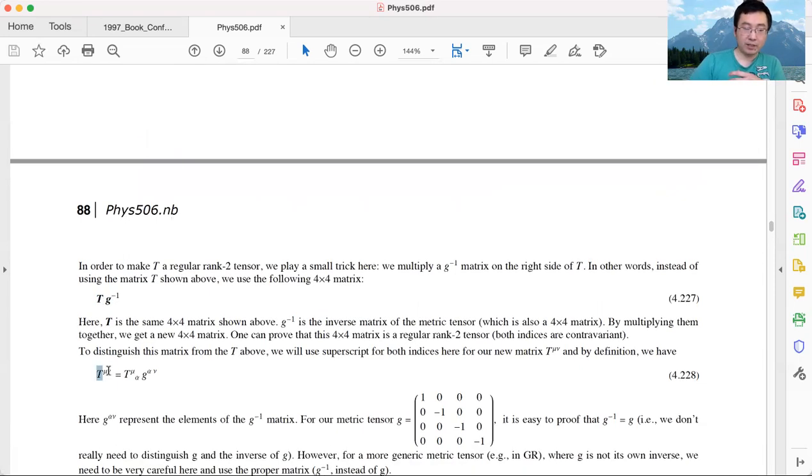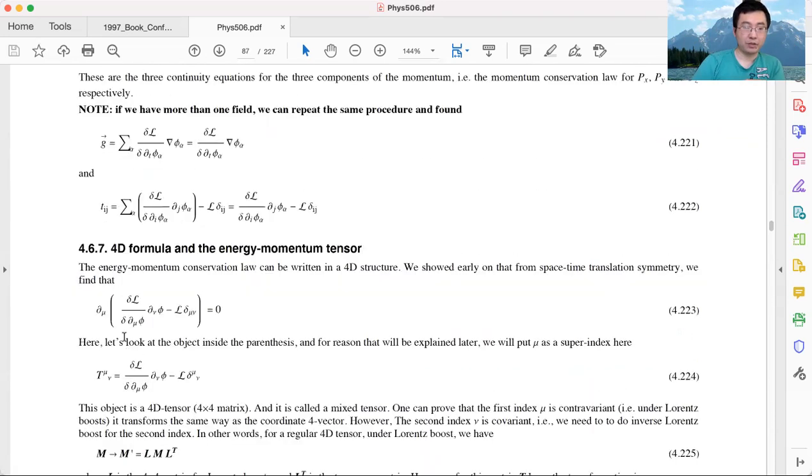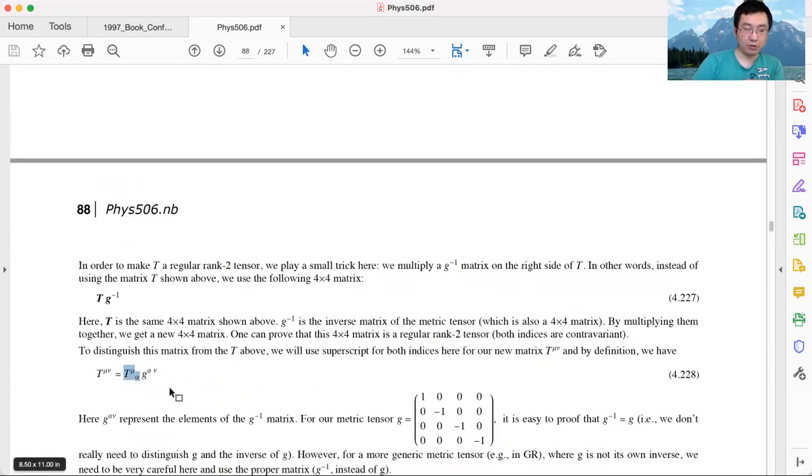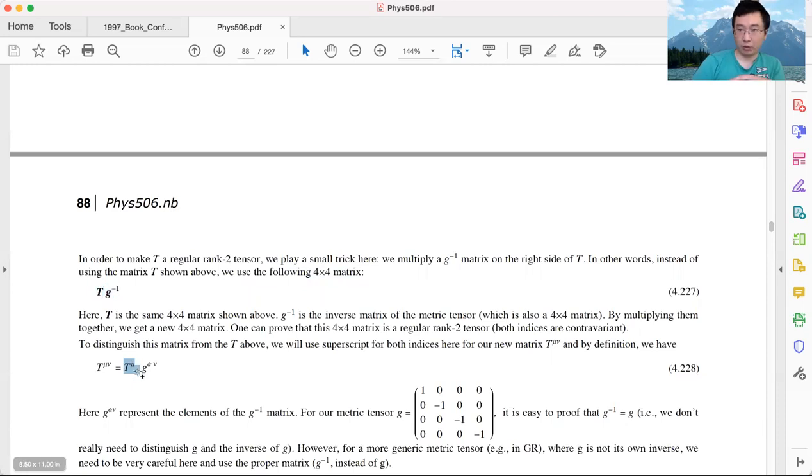And we can write down the components of this new matrix. For this new matrix, T times G inverse, I will call it T mu nu, with mu nu both as upper indices. Our old matrix, the original matrix we defined here, I will call T mu nu, with one upper index and one lower index.